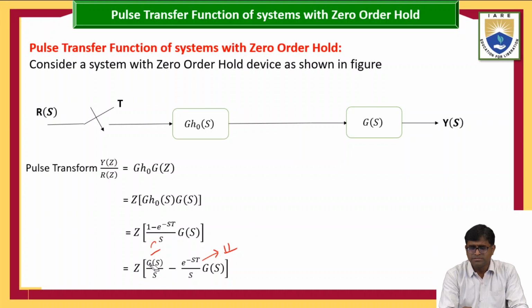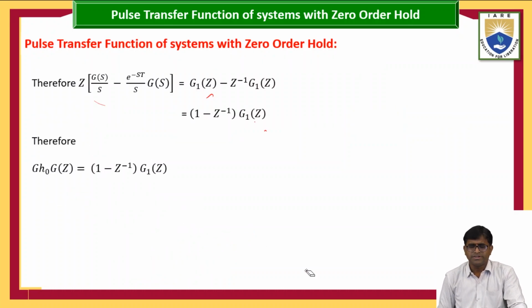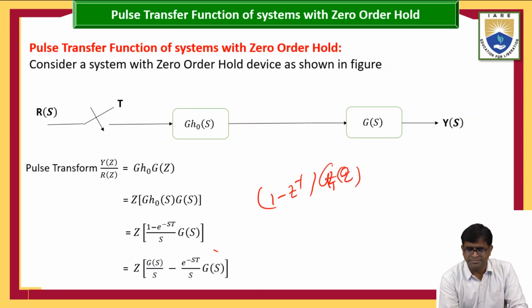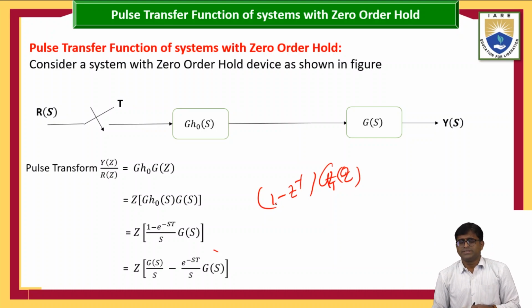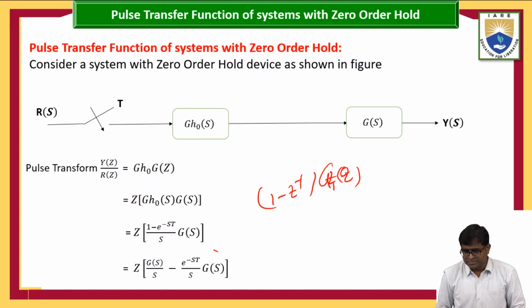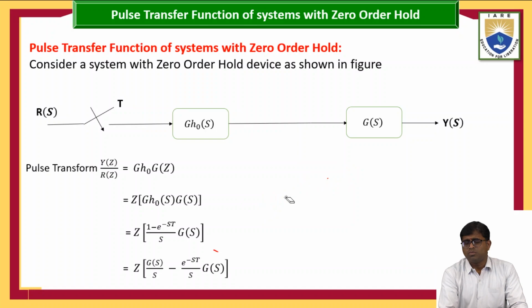What is the value of this one? 1 minus Z inverse of G1 of Z. And G1 of Z is nothing but G of S by S. This is the pulse transfer function of the open loop system with the zero order hold device.